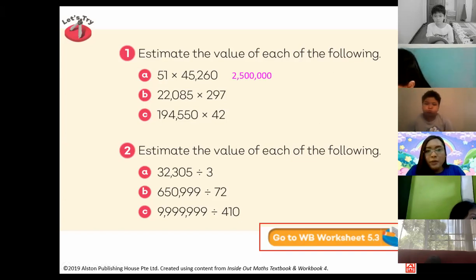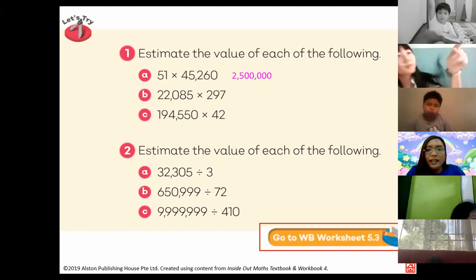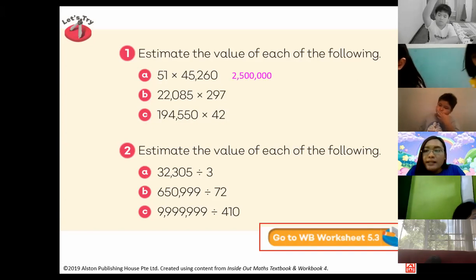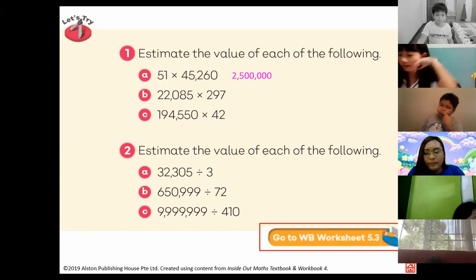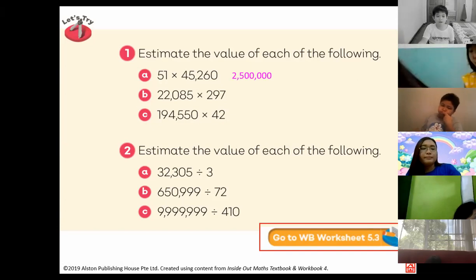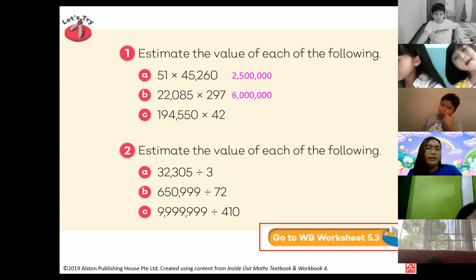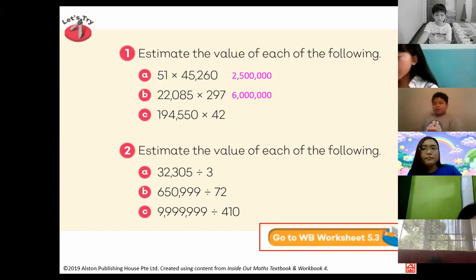Now for letter B, we have 22,085 multiplied by 297. Okay, I see you raising your hand. Okay, Pete. 6 million. Very good. So the answer for letter B is 6 million. Good job.